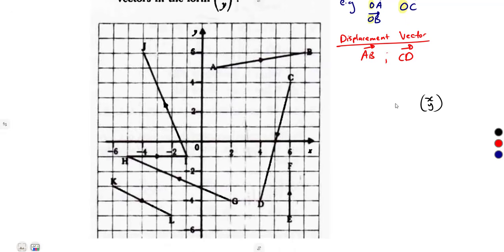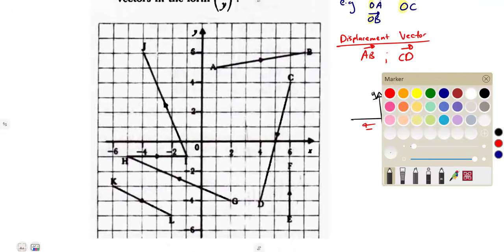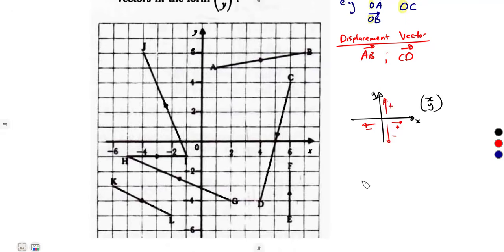How many units? And if you consider what is in the X, it is positive as you are going to the right, negative to the left. In the Y, positive as you are going up, negative as you are going down. So you're not supposed to have a twist in the movement.